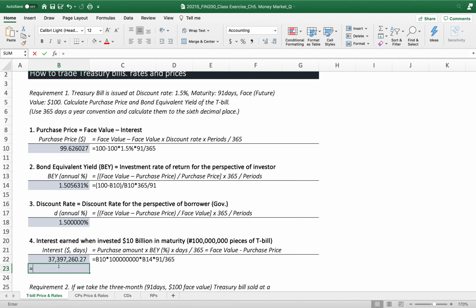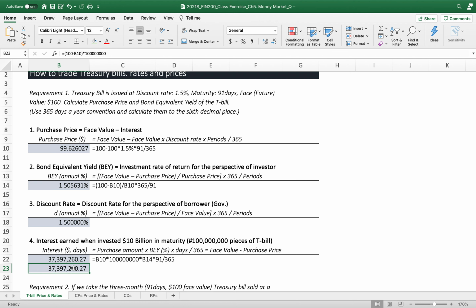The face value is going to be $100 per one piece of treasury bill times how many? 100, right? 100 million. Or I want to just put this, the difference between the purchase price and the face value, and then you can get easily. Then you should get the same result as this calculation.